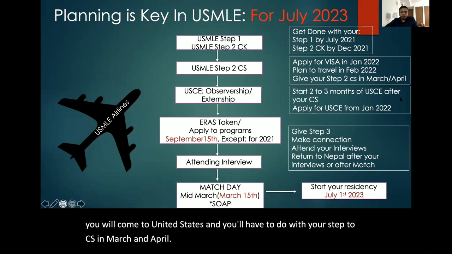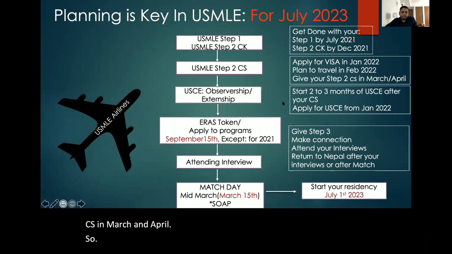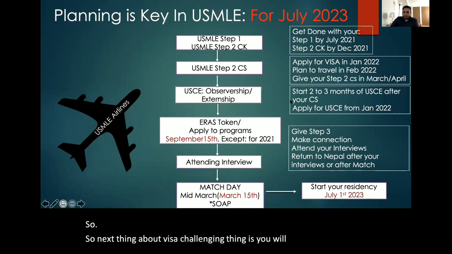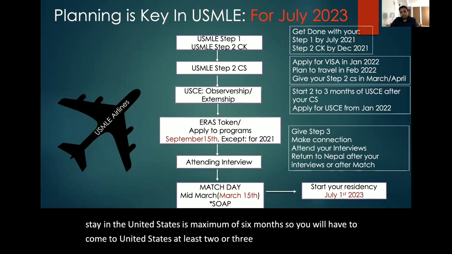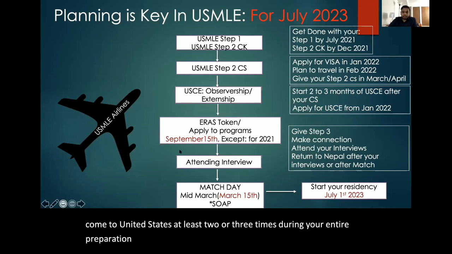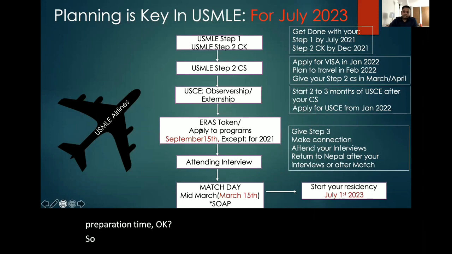Okay, so next thing about visa, the challenging thing is you will only get a visa to stay in the United States for a maximum of 6 months. So you will have to come to United States at least 2 or 3 times during your entire preparation time. Okay. So I made this because you have to complete everything by September 15th.